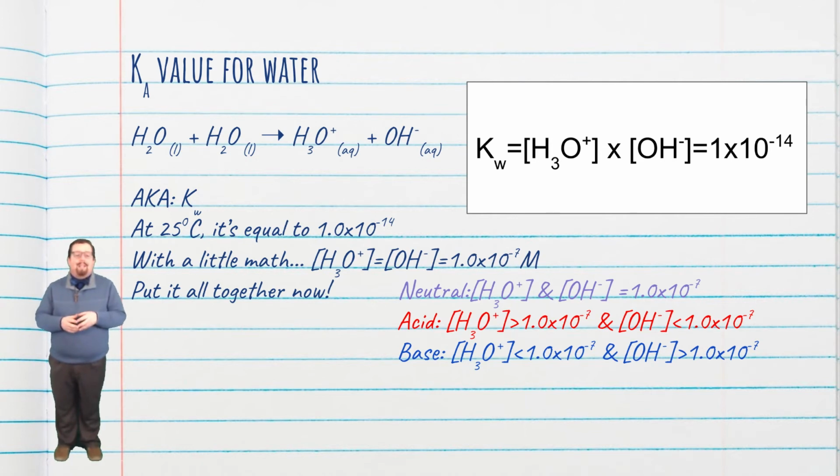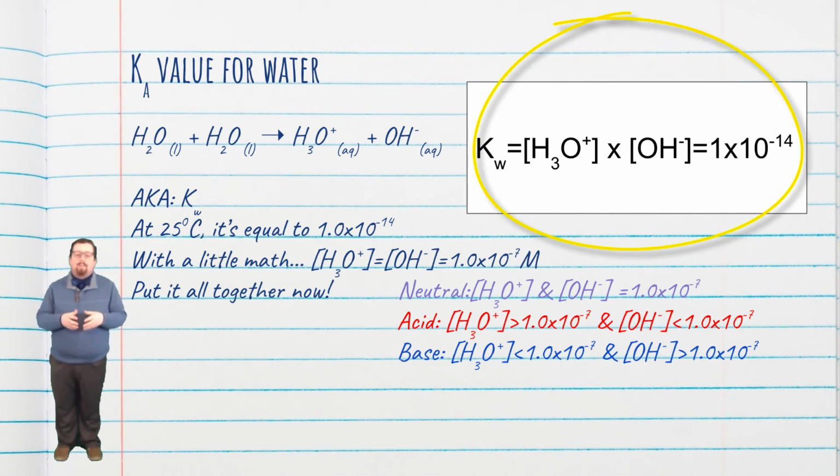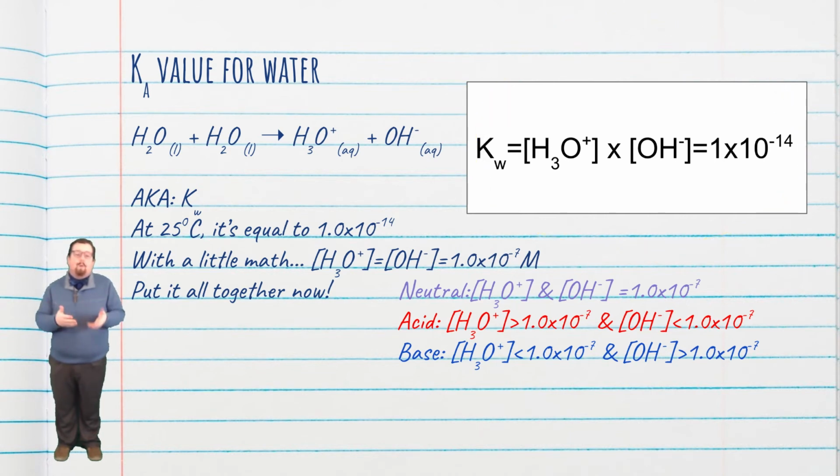If we were to calculate the acid dissociation constant for water, the equation would look like this. I didn't mention this before, but water doesn't have a concentration when it's in a water-based solution. So we're not going to divide by the concentration of the acid, since our acid here is water.